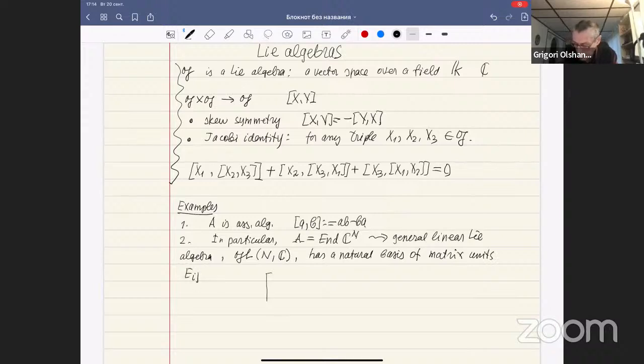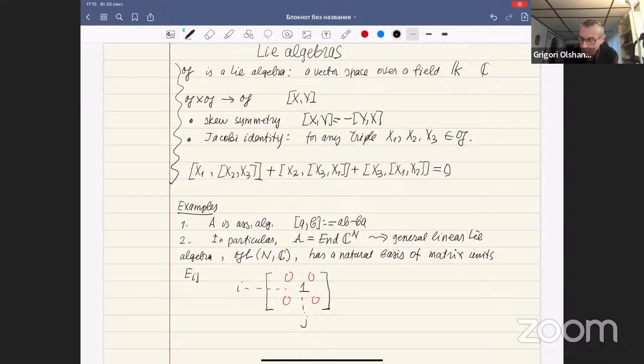This is the matrix with 1 at the intersection of row number i and column number j, and all other elements equal to 0.